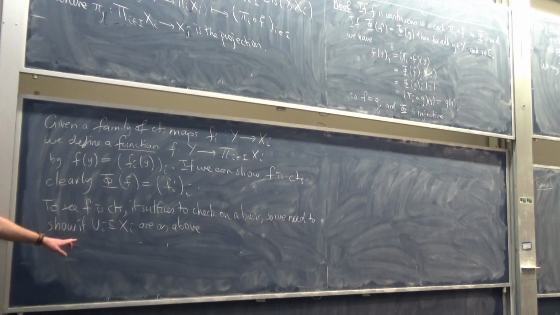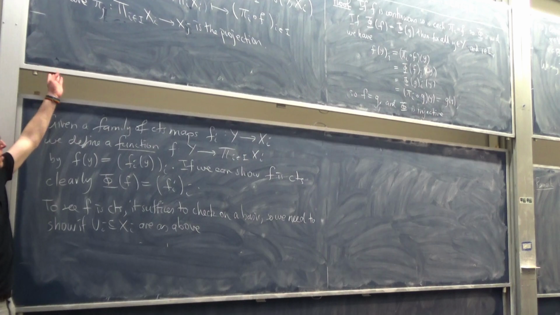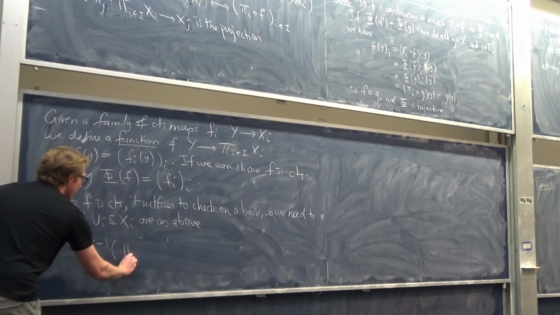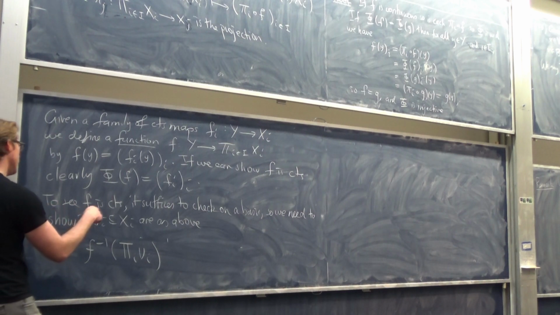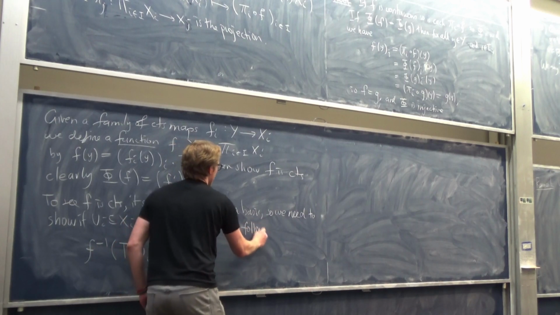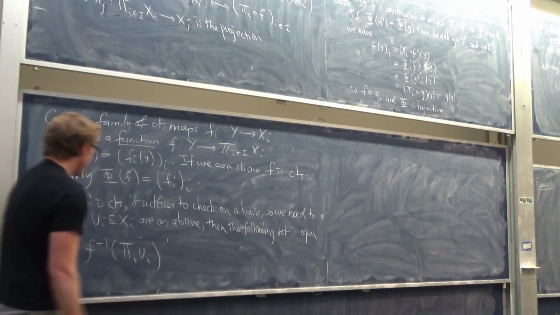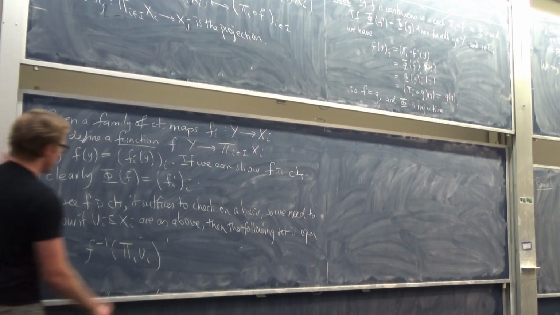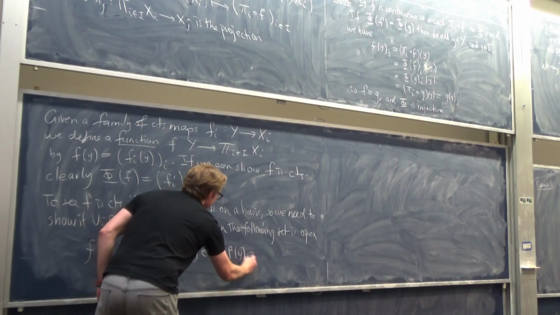Whereby as above, if the Ui are open in Xi and only finitely many are different from Xi, we need to prove that f inverse of that Cartesian product is open. Okay, but let's just write down what that is. So that is all the y's in Y such that f of y is in the product.